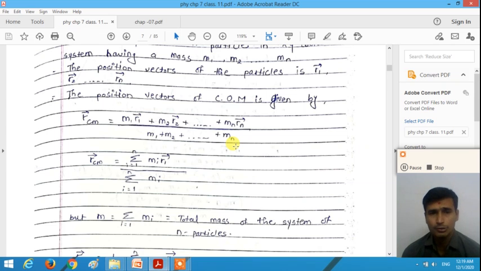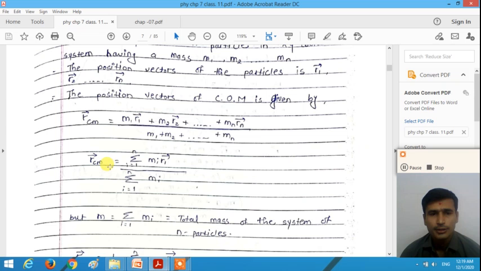So in two dimensions and three dimensions, we take the position vector RCM equal to M1R1 plus M2R2 plus M3R3 up to MNRN divided by M1 plus M2 plus M3. So in two and three dimensions, we represent the position in the form of a vector. That is the only difference, right?